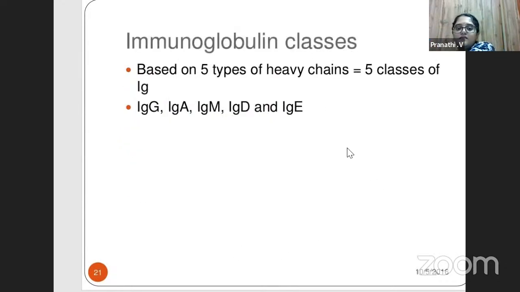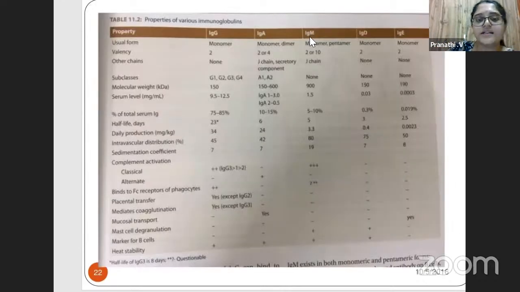So let us have a look at the different classes. We have 5 types of heavy chains, and because of that, we have 5 classes of immunoglobulins: IgG, IgA, IgM, IgD, and IgE. IgG is a monomer, whereas IgA has 2 forms, monomeric as well as dimeric.